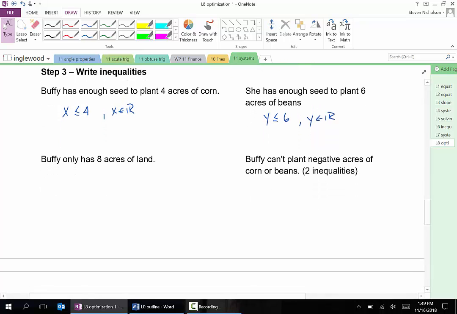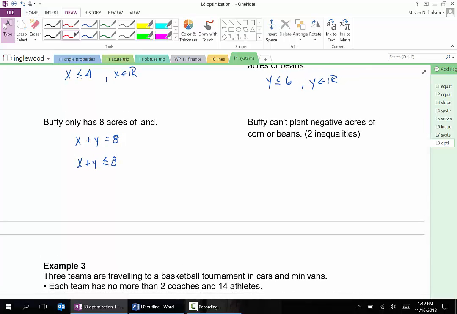So in this one right here, Buffy has 8 acres of land to plant. So if some of that is corn and some of that is beans, then if she has 8 acres, well, we could write that. But remember, we're writing inequalities, and this is the one we really want. The reason we want this one is that she doesn't have to use all her land.